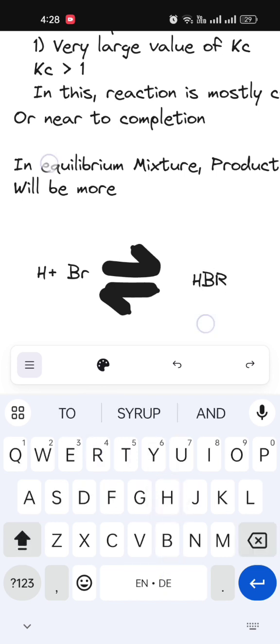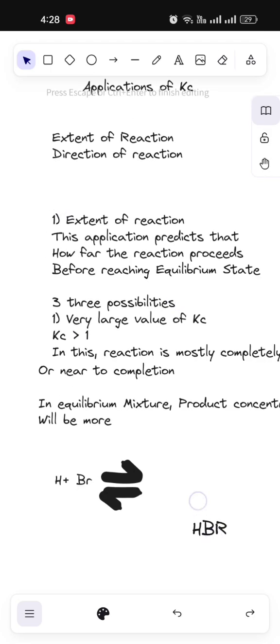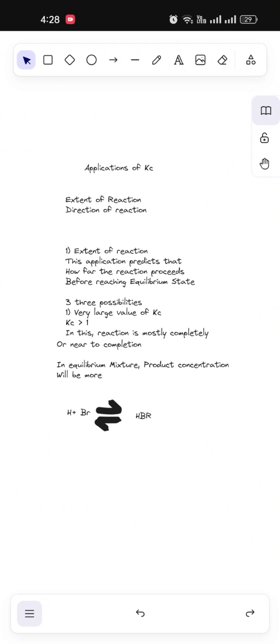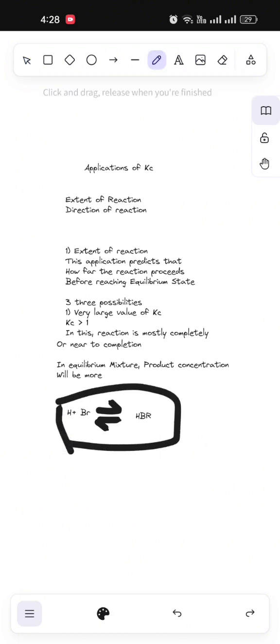In the product we got HBr. So this is a reversible reaction, H plus Br, and in the product we got HBr.